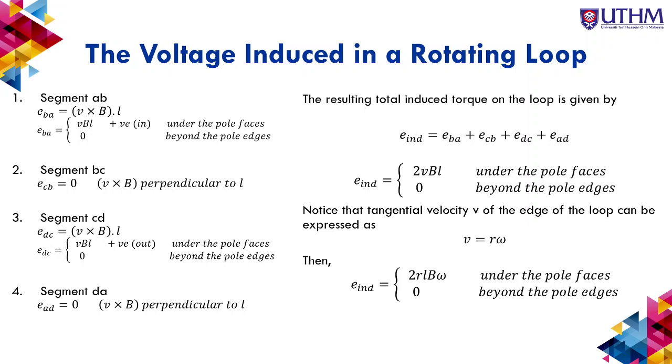So we want to simplify the equation to a more meaningful and understandable equation. As we know, the velocity V is equal to R omega, where omega is the angular velocity. So we replace V with R and omega.